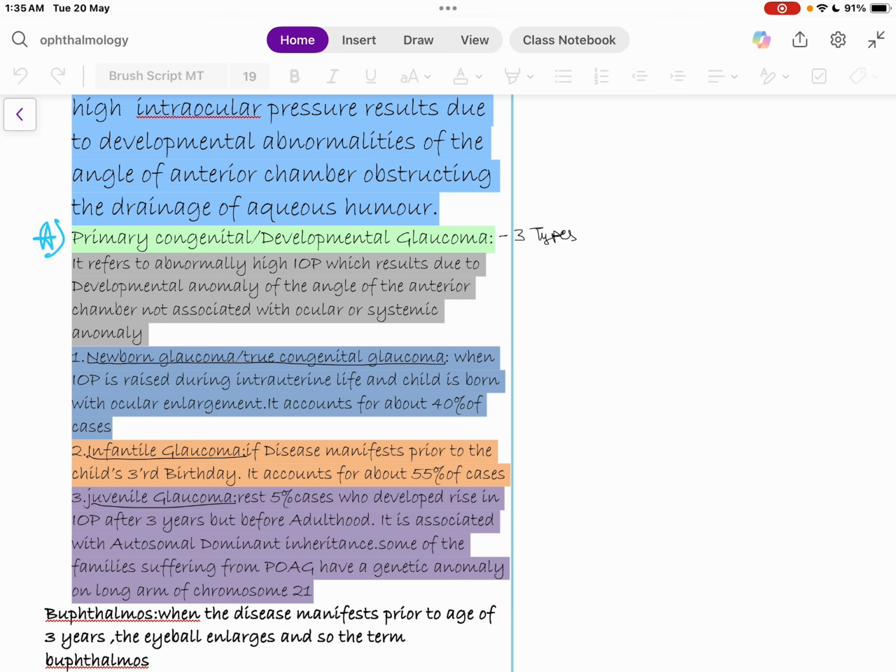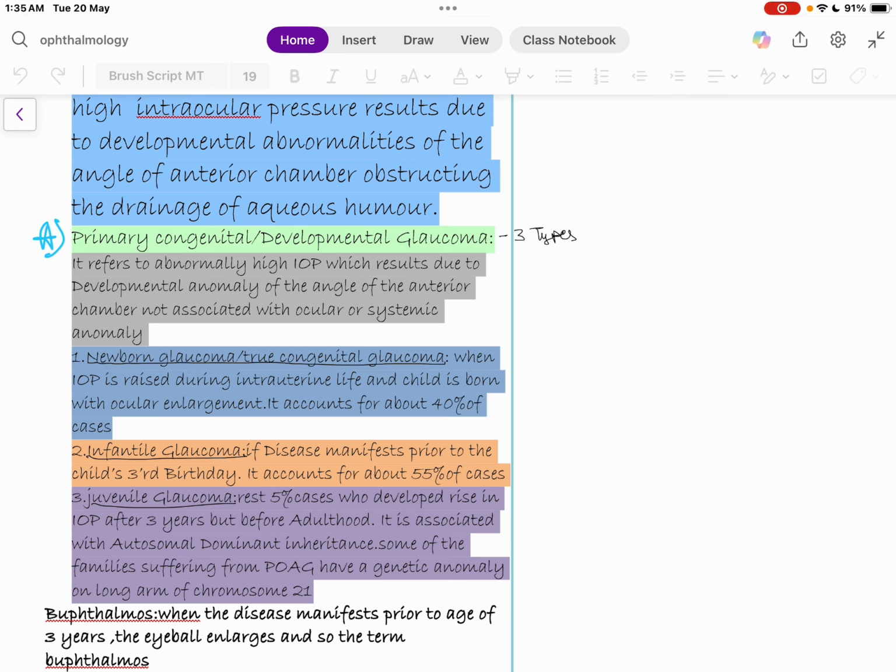Newborn glaucoma or true congenital glaucoma is when IOP is raised during intrauterine life and the child is born with ocular enlargement. Infantile glaucoma is when the disease manifests prior to the child's third birthday, and juvenile glaucoma is when IOP is raised after 3 years of age but before adulthood.